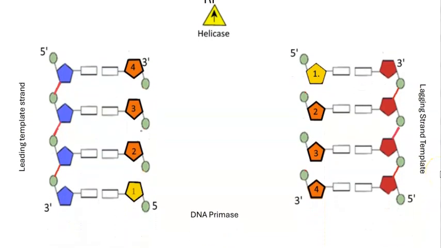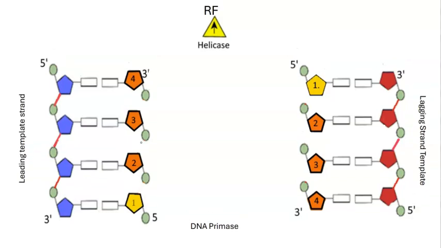In this representation of the process, we have the helicase in this position working its way up into the DNA molecule. The position of the helicase enzyme on the DNA molecule is called the replication fork. One of those is shown in this diagram here.